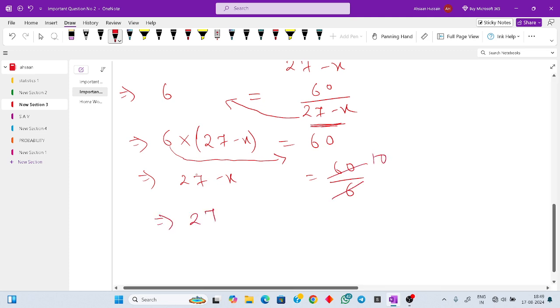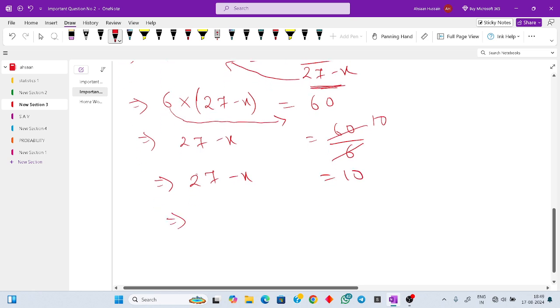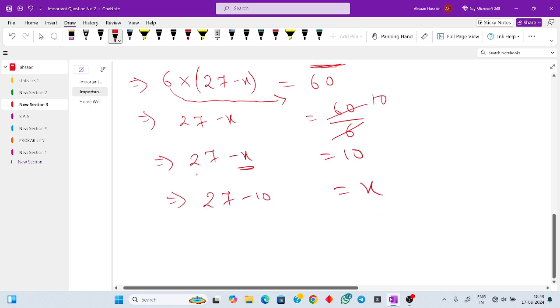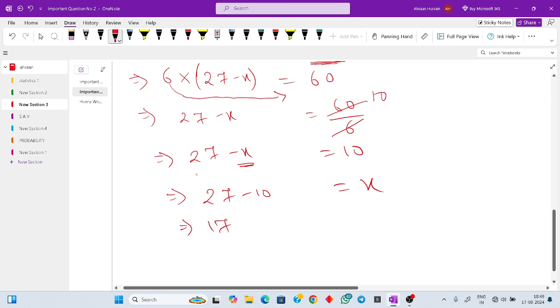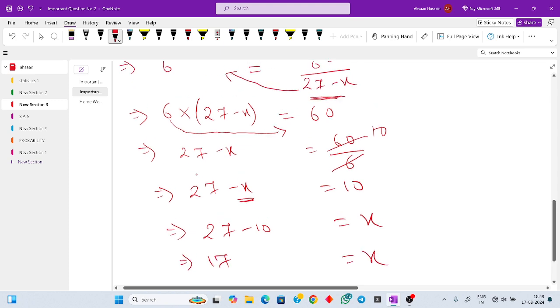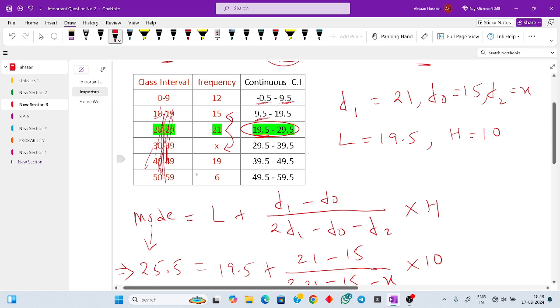So 27 minus X is 10. Now this X is negative, we'll bring it to the other side to make it positive, and this 10 will come to the left hand side. 27 minus 10 is positive X. So now 17 is our answer. That means the missing frequency X equals 17.